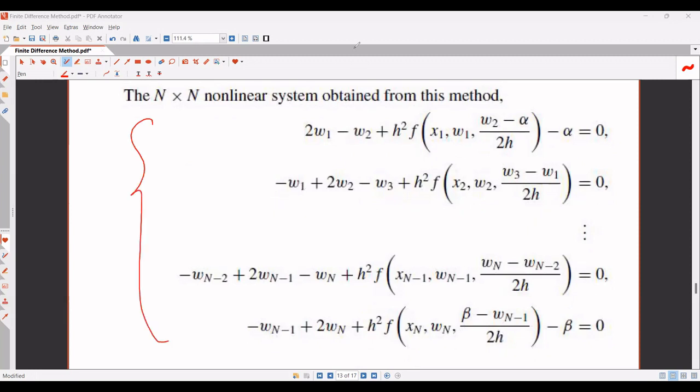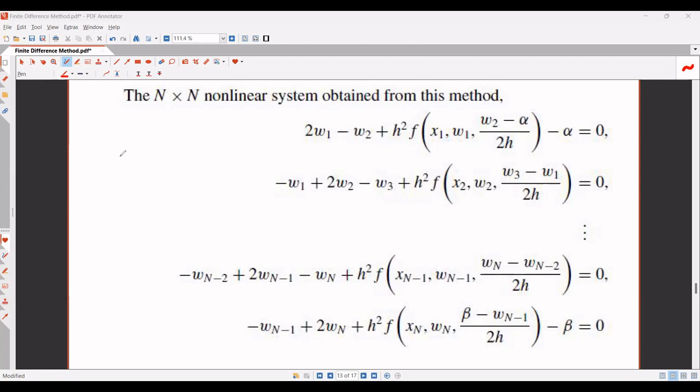Now, you have learned methods of solving nonlinear systems of equations. There are many. You must have learned in numerical methods and lab 1. But here we are going to use Newton's method. Now, what is Newton's method for solving a system of nonlinear equations?